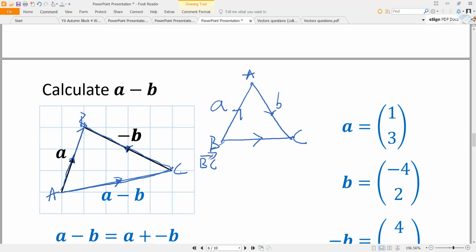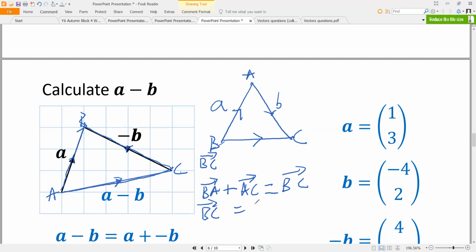You start your journey, as you can see, from B to A. So the vector BA plus, the journey continues again from A to C, AC, and this is equal to the one that is coming in opposite direction, which is vector BC. Therefore, it means that the vector BC will be equal to A plus B.